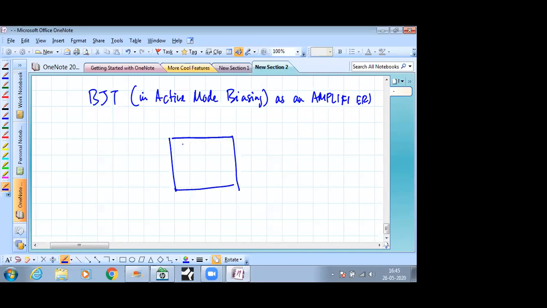So what does an amplifier do? Any amplification circuit or amplification device takes an input signal, so this is the input, and gives an output such that the output is amplified.